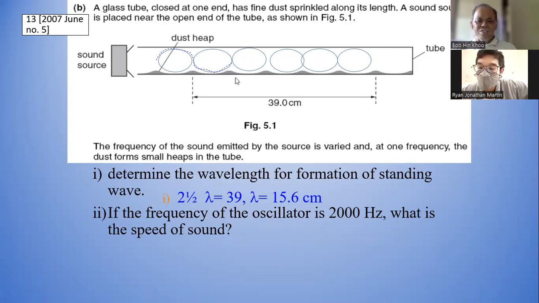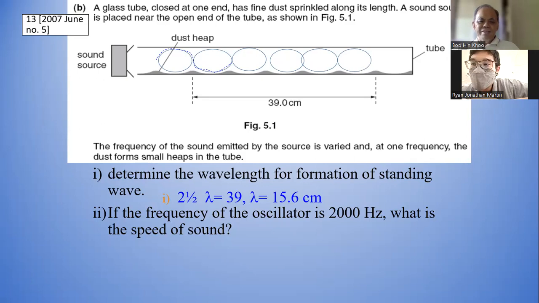Okay, looks like we have to change to another Zoom soon. Then we got 10 minutes. If the frequency of the vibrator is 2000 Hertz, what is the speed of the sound? 312 meters per second.